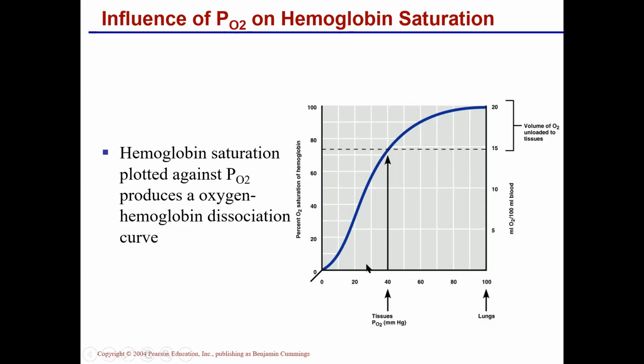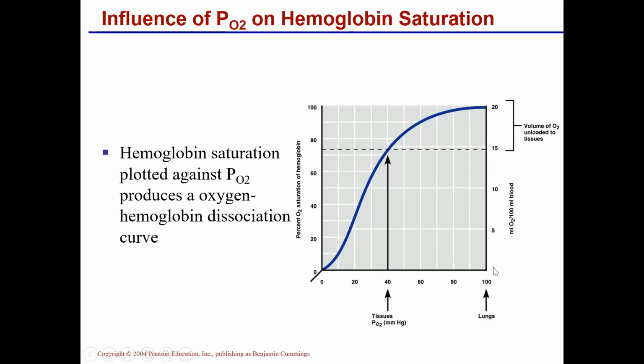But if you look here, let's say at a partial pressure of 30, the saturation is about 58%. At around 40, the saturation is about 70%. 58 versus 70, the difference is much, much bigger than from here to here.